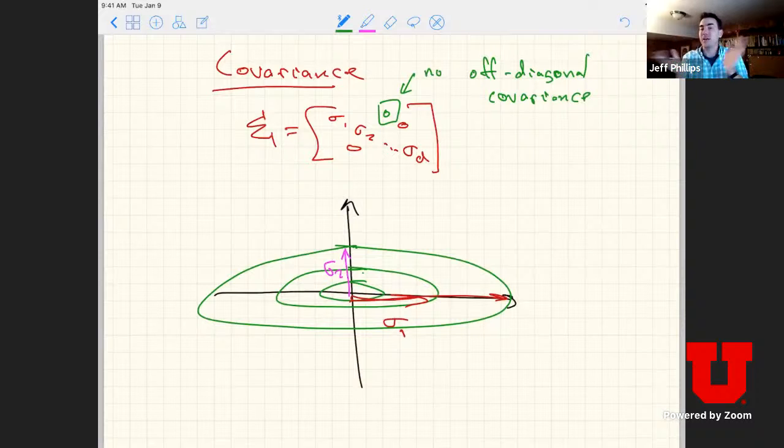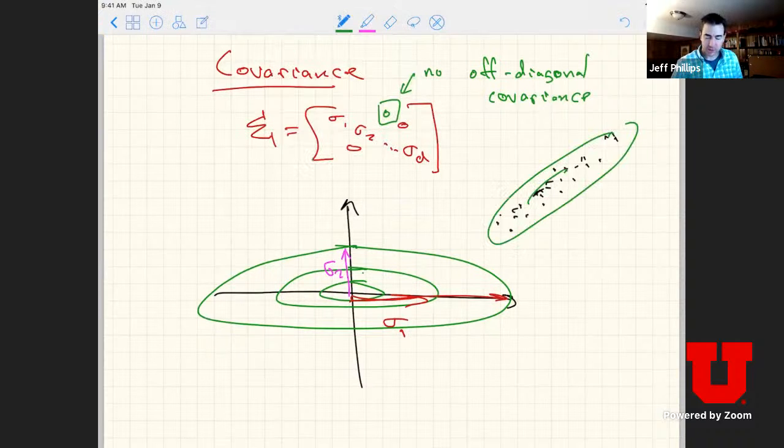These are independent. But as I mentioned, I want to be able to capture data which is correlated along some diagonal, with a shape that looks like this. I can't do that by just stretching on the coordinate axes. I have to stretch on this other axis.